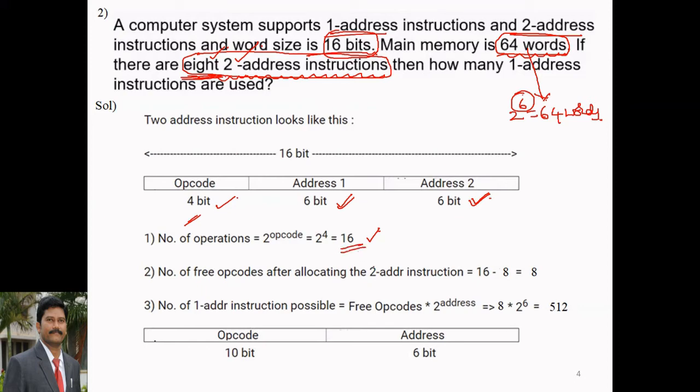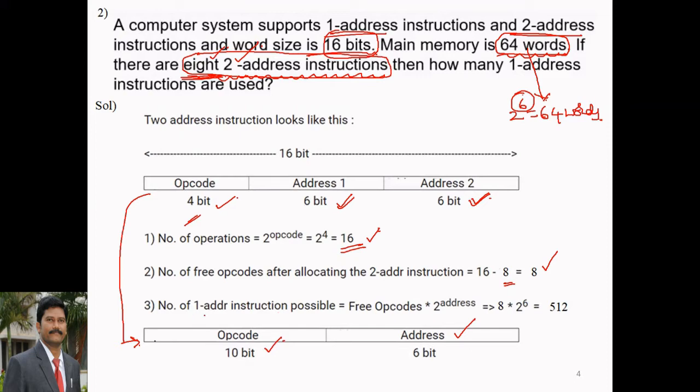Total 16 minus already given 8, so 16 minus 8, 8 free opcodes are available, or 8 free instructions are available. So now if the same is converted to this single address, where the 6-bit single address is there, remaining all bits are opcode bits. So now previously it is 4-bit, now it is 4 plus 6, 10-bit.